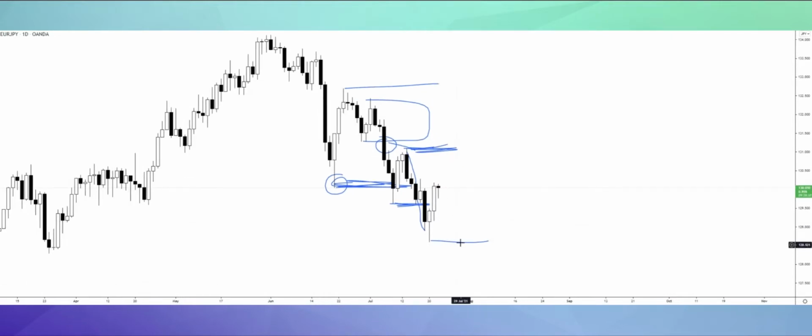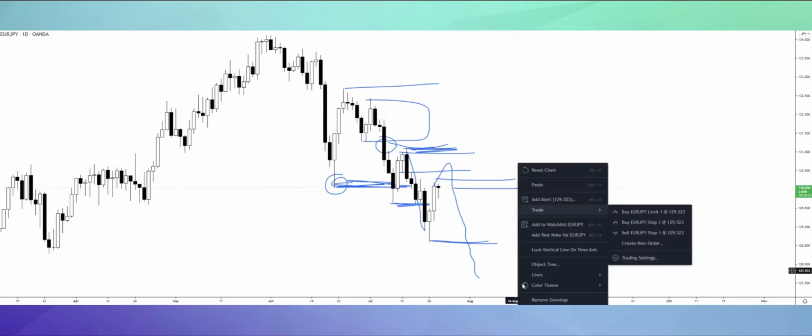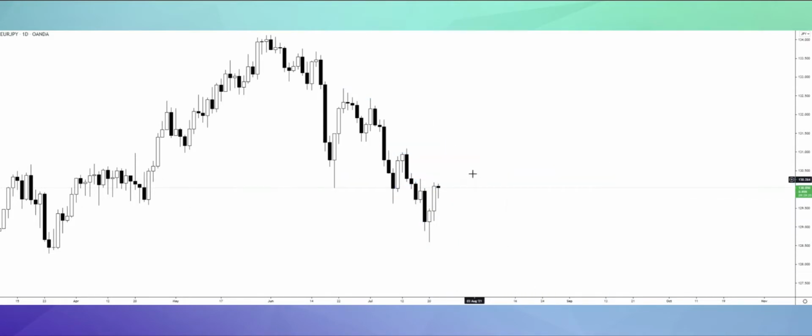So if price doesn't break below or break above, then we're still within this range. What could potentially happen here on your yen is price could tap into this order block and then sell, and that would be in the new range, and again a new order block. This will continue to happen. So it's important to understand your points of interest, and just be realistic about it.